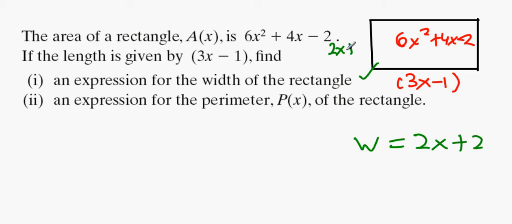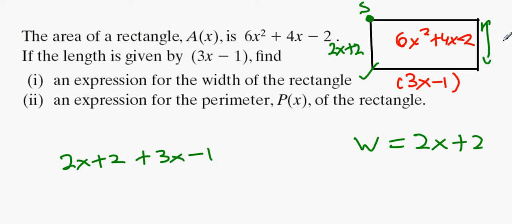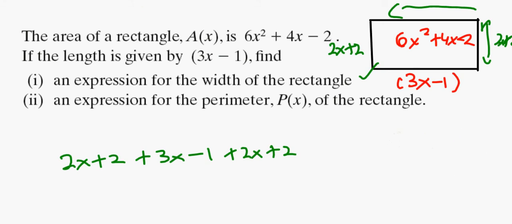So if you imagine that you start here, you run a lap, so you run 2x plus 2 first, then you run a length of 3x minus 1, then you run another 2x plus 2 around the side there, so plus 2x plus 2, and then finally you run your last stretch, which is another 3x minus 1 at the very top here. Okay, so 3x minus 1, so 3x minus 1.